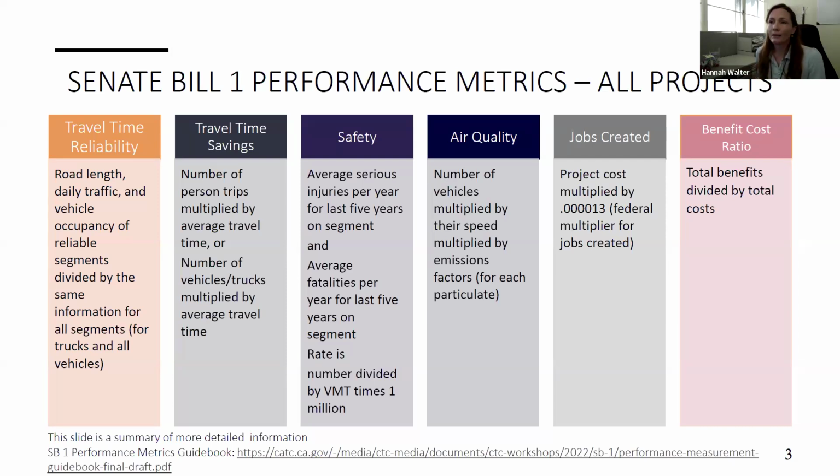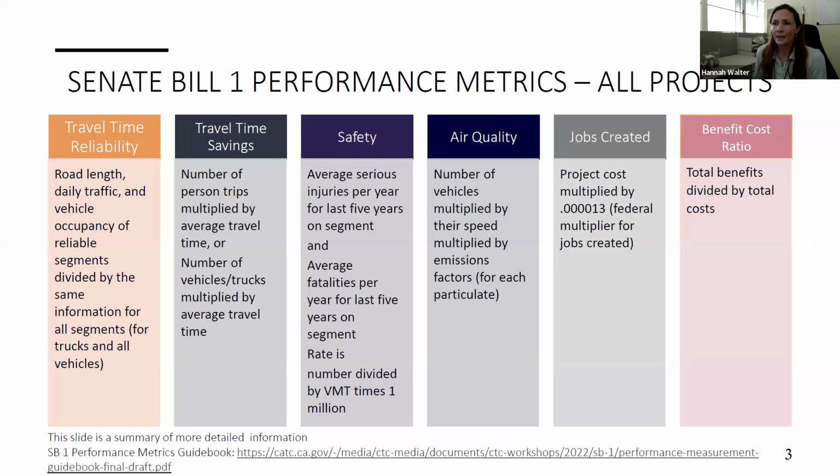For travel time savings, you're looking at how much delay each person driving is experiencing. So that's travel time reliability. There's travel time reliability for passenger vehicles and travel time reliability for trucks. So those are very similar, but slightly different formulas.